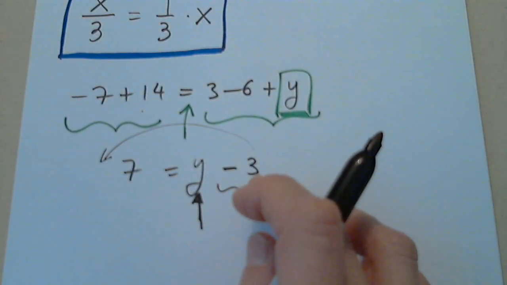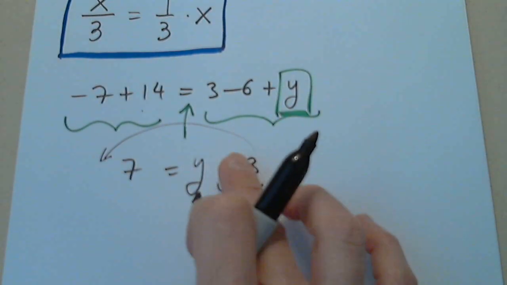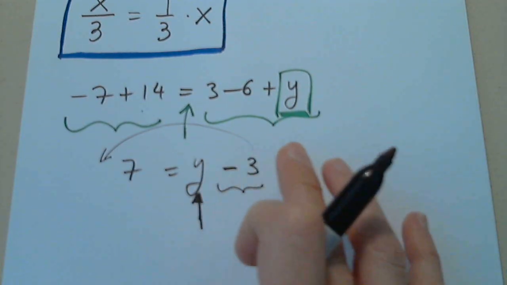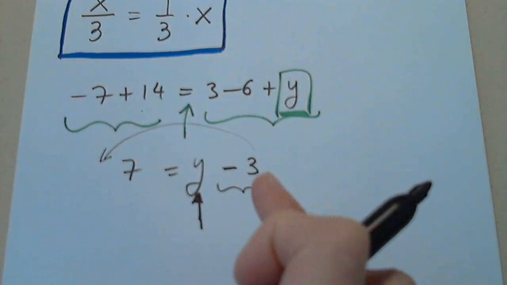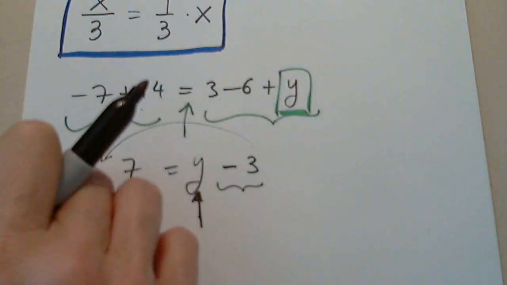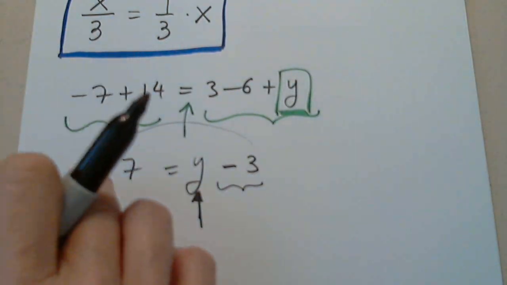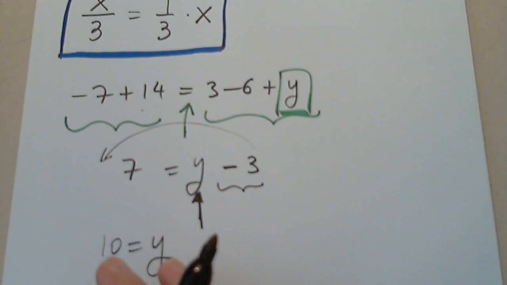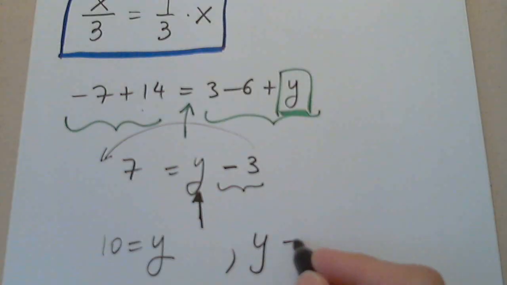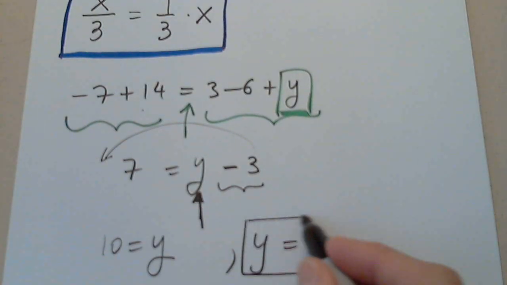So when we move terms, this is a term, from one side to the other, all we need to do is change the sign. So if it's negative on this side, it will become positive on this side, and 7 plus 3 is 10. We don't really say 10 equals y, but we say y equals 10, which is the same thing.